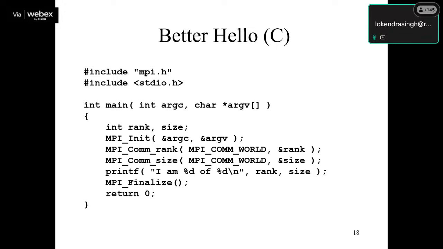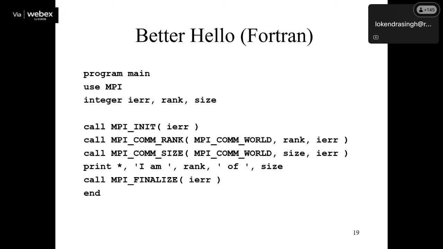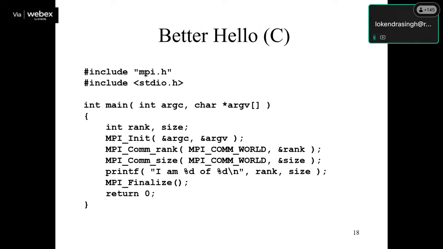Rank goes from 0 to n minus 1 depending on your size. Suppose there are 4 processes. When you get the output, it is totally random: I am process 0, then I am process 1, I am process 2, then process 3. It is totally random, and which process runs is totally independent.